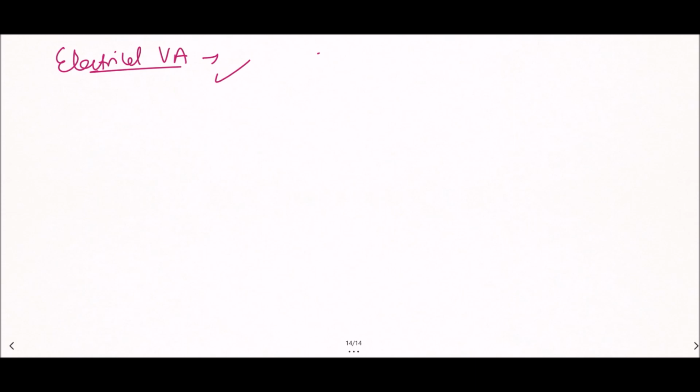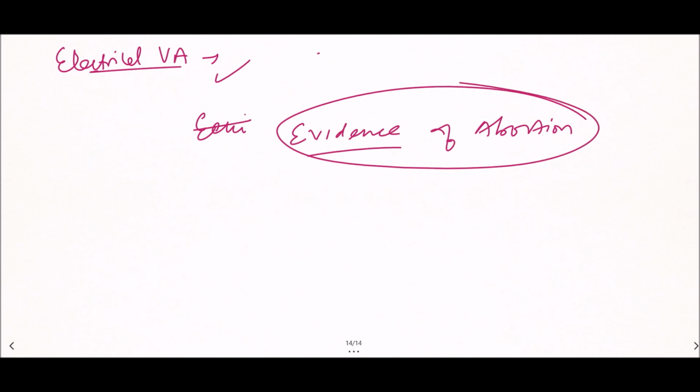Now, the evidence of abortion. What is the evidence of abortion? During post-mortem, there are various post-mortem findings which are suggestive of criminal abortion. What are the things which are suspicious of criminal abortion?